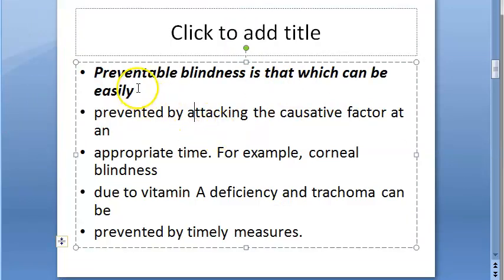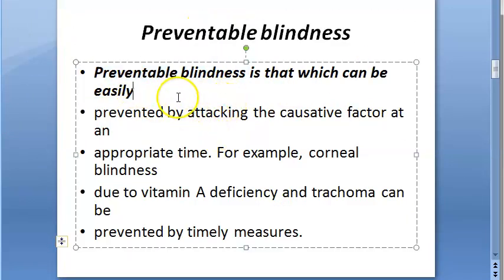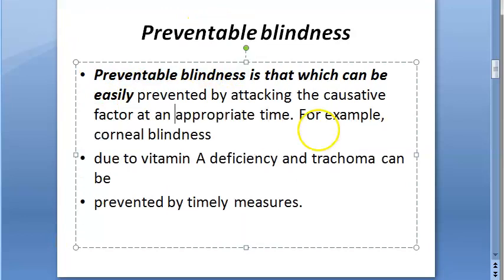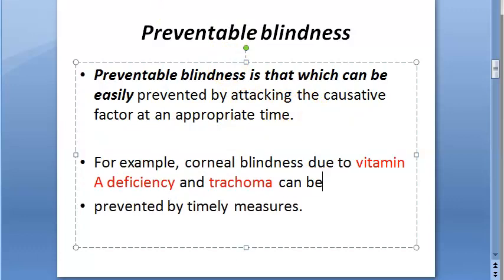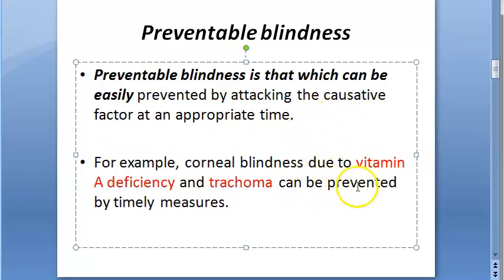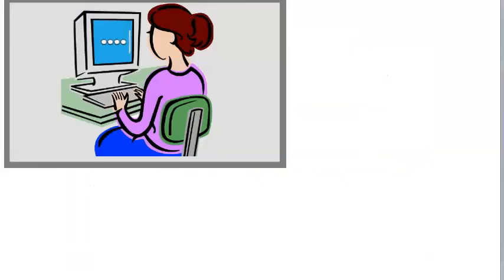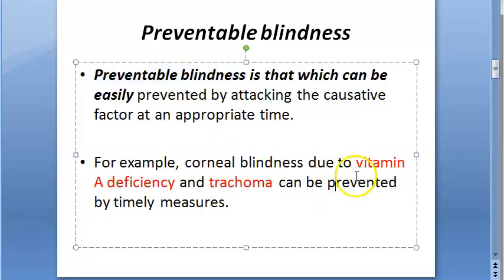Whenever they ask you about preventable blindness, remember vitamin A deficiency and trachoma, these two. There are a lot of examples, but for corneal blindness, they are blaming vitamin A deficiency and trachoma, saying these are preventable blindness, right guys? If beforehand this person has taken enough vitamin A, then definitely he won't get vitamin A deficiency.